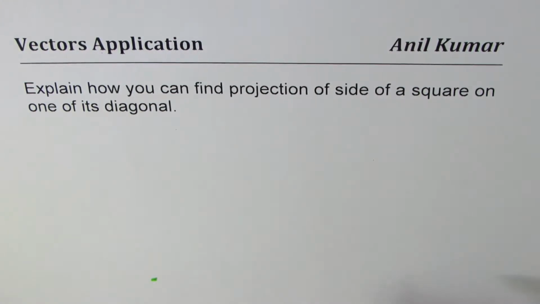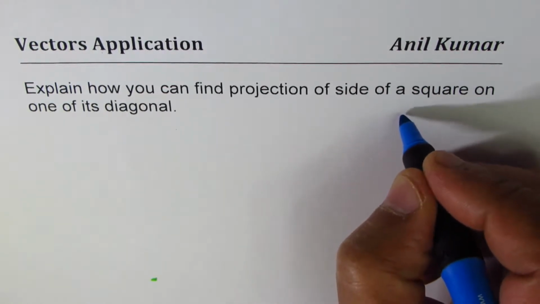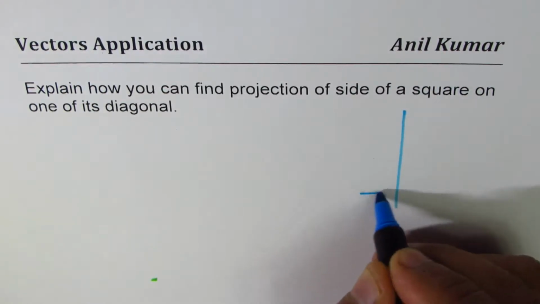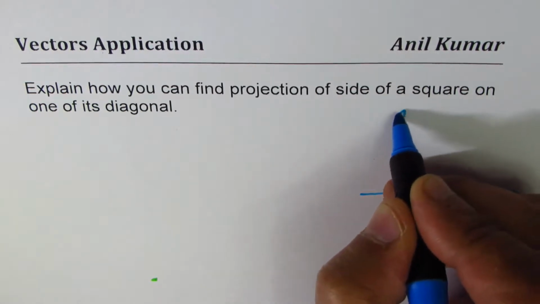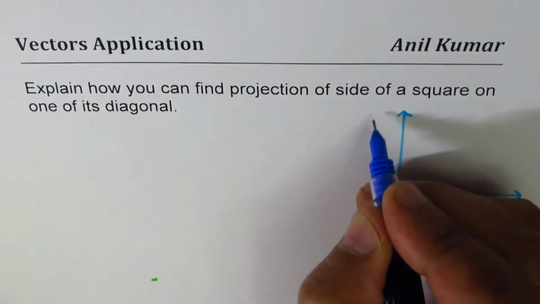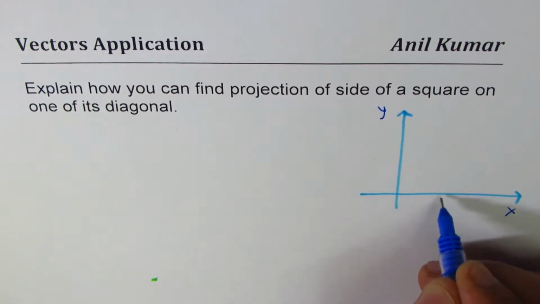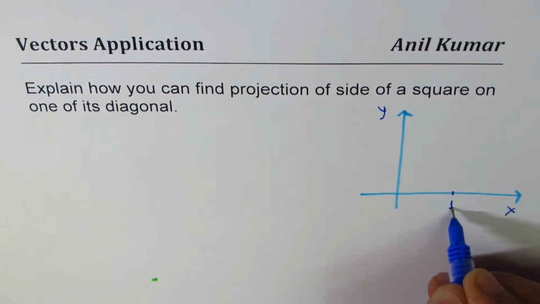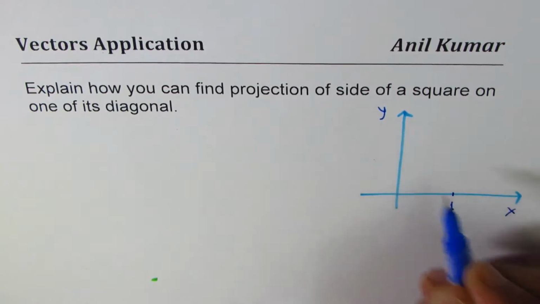Well, let's sketch a square, and for simplicity, what I'm going to take here is a square along x and y axis, right? So this is my x-axis, this is y-axis. And let's say we take a square of 1 unit side length, right?